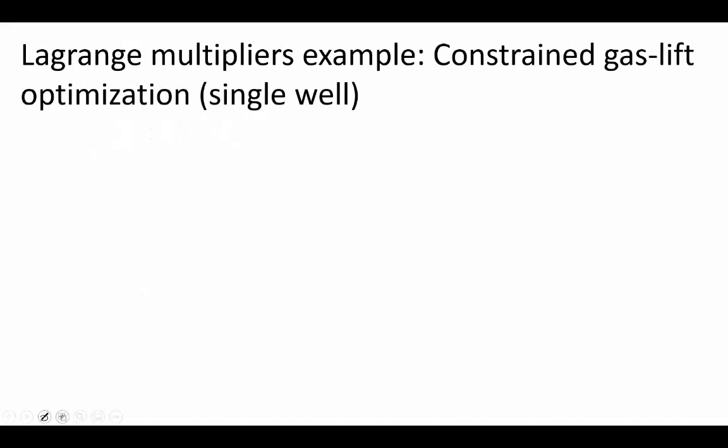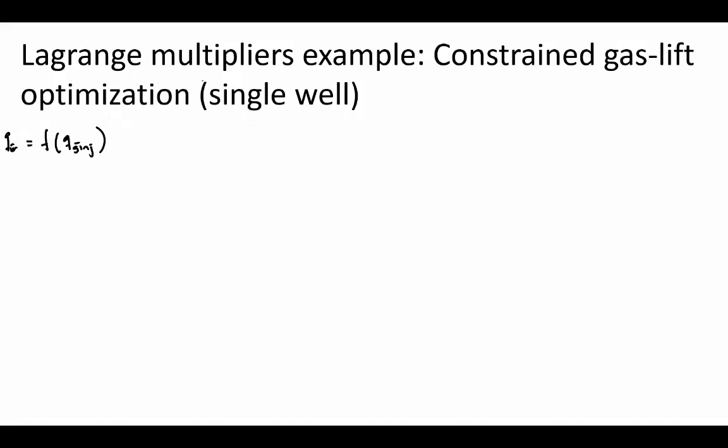And let's go back to our example where we had the gas lift, constrained gas lift optimization. In this case, you have the objective function that was a function of Q gas injected, right? It was Q oil from the reservoir, right? And this is your objective function.